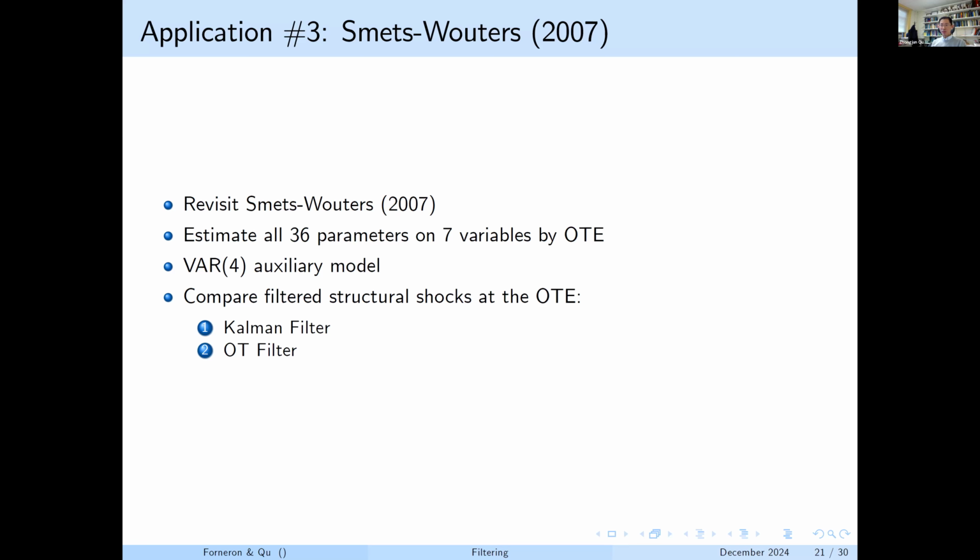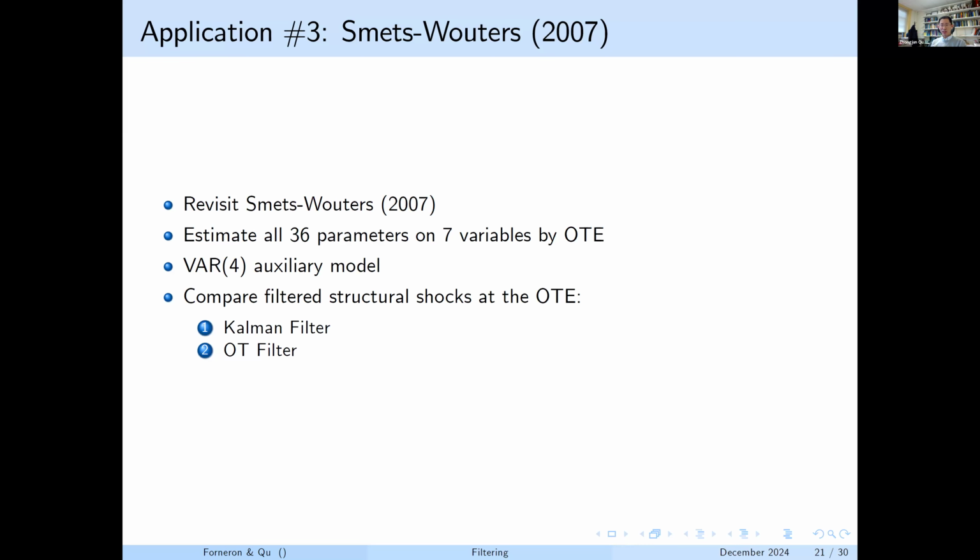Here we use the same variables, but the estimation procedure is different because we'll do the optimal transport, and we use the estimation procedure corresponding with that. And the auxiliary model is still a regression with 4 lags.